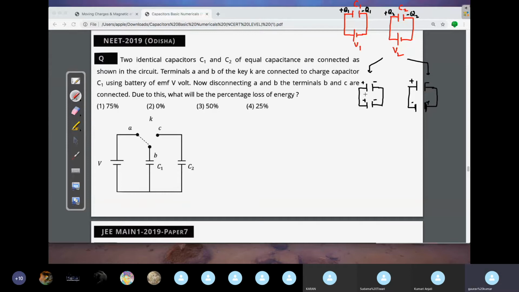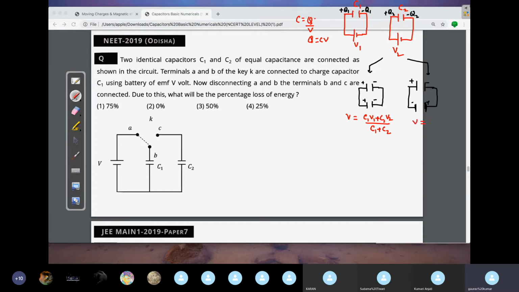So in this case, what is the formula for common potential we have derived here? C is always Q by V, Q is always CV. So we'll get here V equals C1 V1 plus C2 V2 upon C1 plus C2.